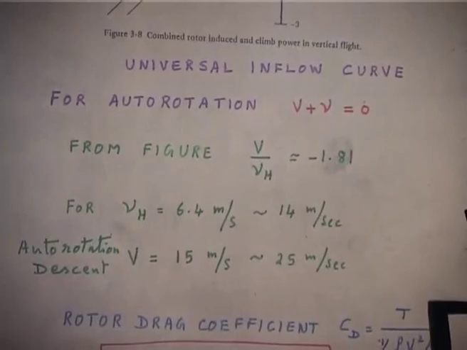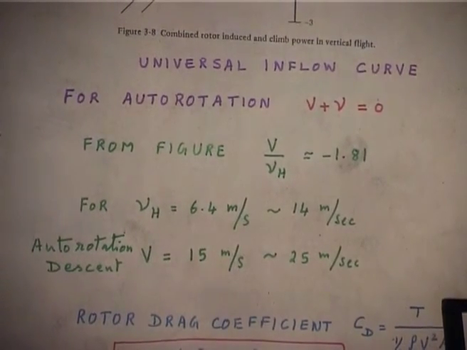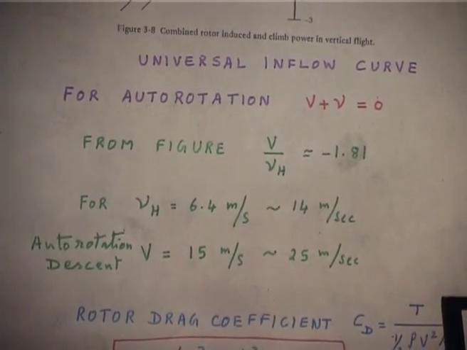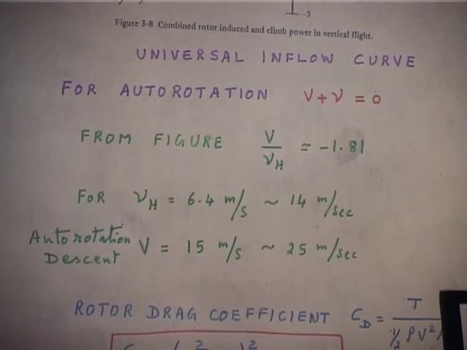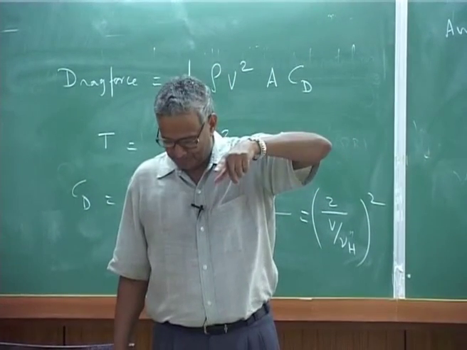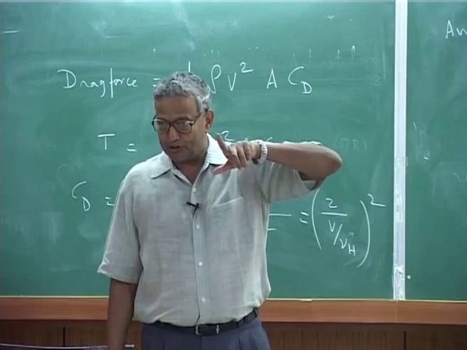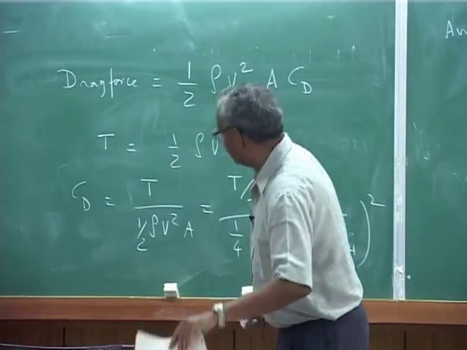Now, I will just read out the drag coefficient for a solid circular plate with an area A, its drag coefficient is 1.28, circular plate. Okay.